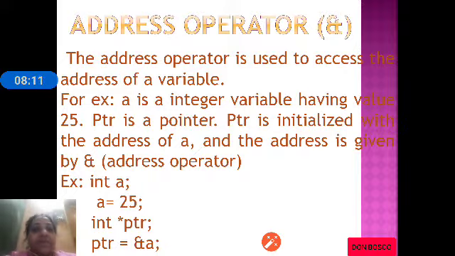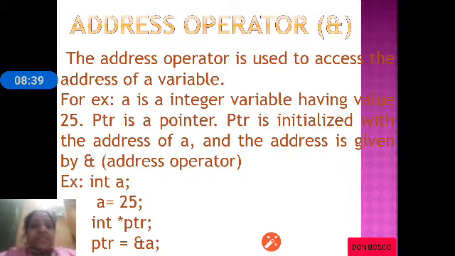For example, a is an integer variable having value 25. int a = 25, which means a is an integer and the value stored in a is 25. Now we shall declare a pointer ptr, which is an integer pointer. ptr is initialized to the address of a.